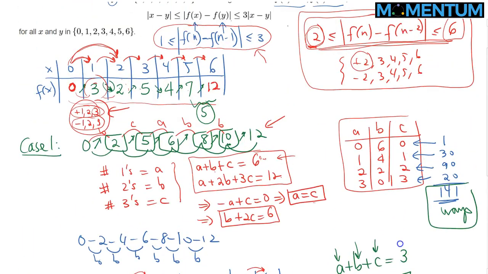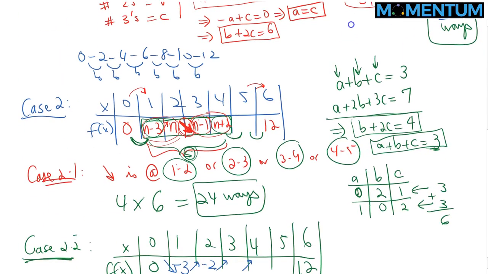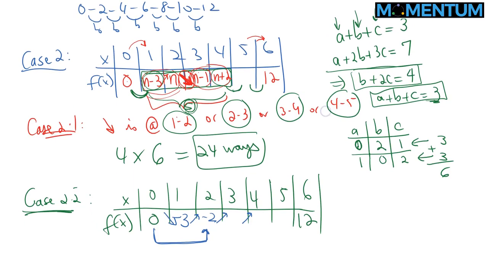I think -2 is acceptable, right? And then keep increasing by 3: 1, 4, 7, that's not allowed. So this case is out of the window. So the only possible case is that I have to be at +2 here, so therefore this one is a -1. So there's a decline, and then we keep increasing by 2, and that's it.